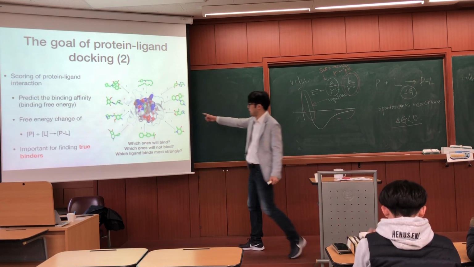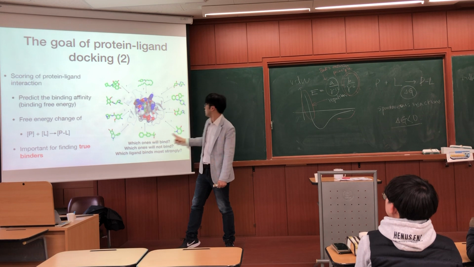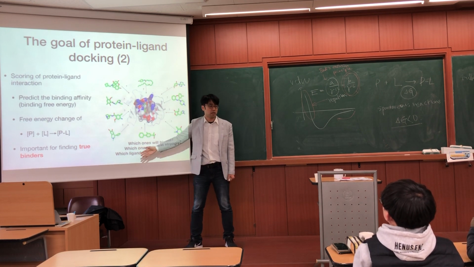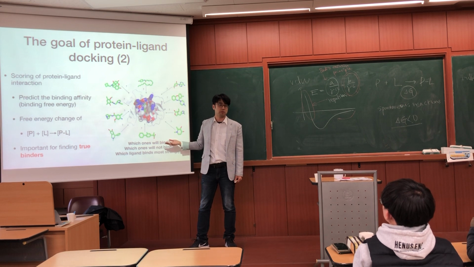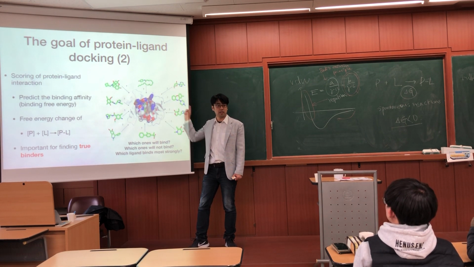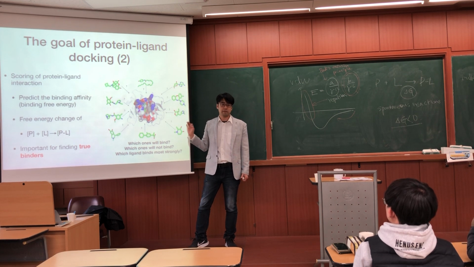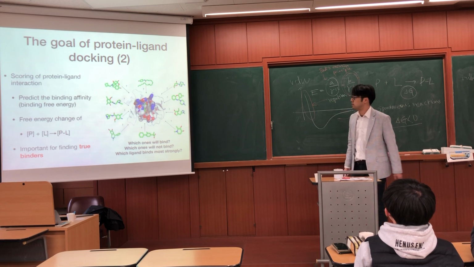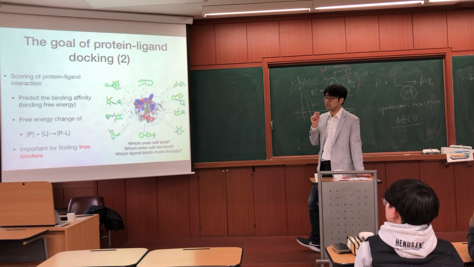For example, let's say we have this many candidates. These can be drugs, but without doing experiment, we want to predict which one will bind the most strongly. Then we can test that first, right? Then we can save money and time.